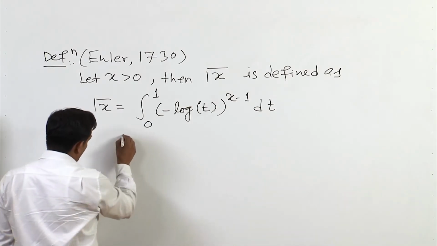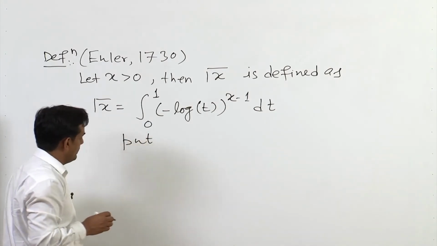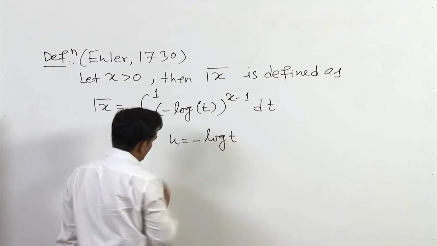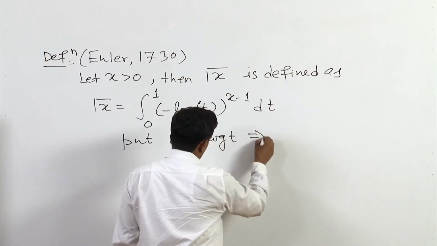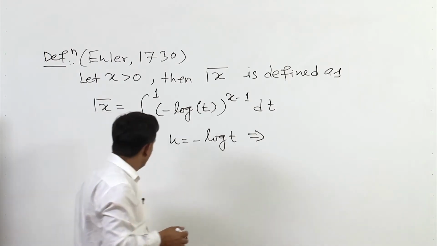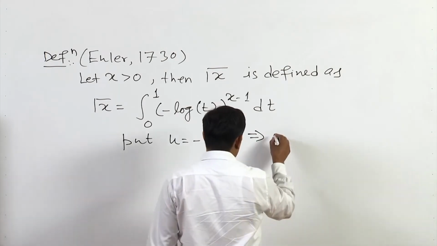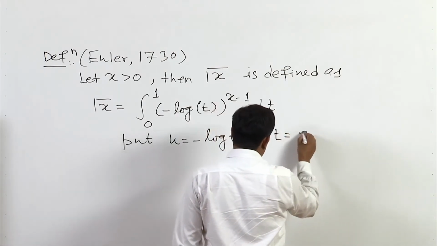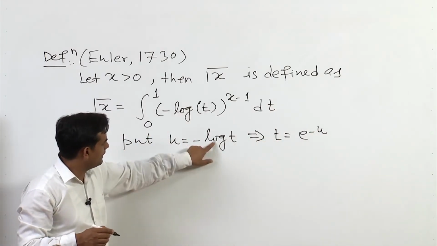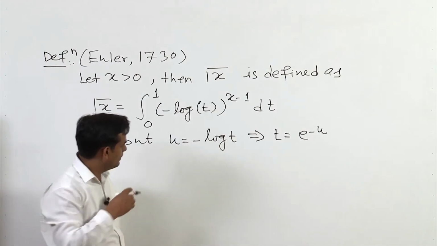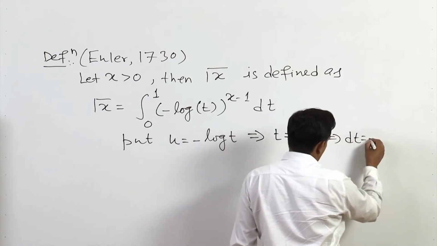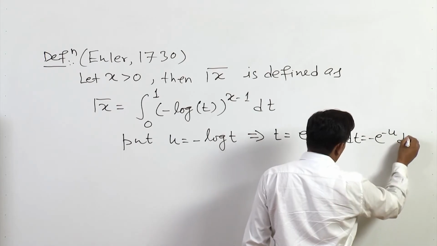So if I change the variable to u equals minus log t, where log is defined with base e, meaning natural log, then t equals e raised to power minus u. I have taken the minus to the other side and then taken the exponential on both sides, and this gives dt equals minus e raised to power minus u du.